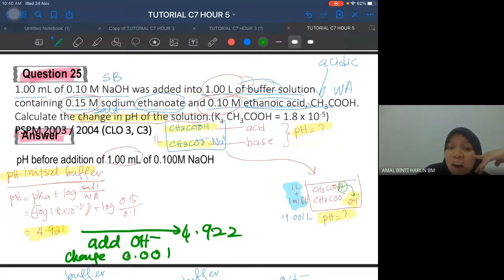Kat mana lagi? Dalam badan kita ada darah kan. So we need to maintain our pH of our blood. So nanti jadi doktor, you kena tengok lah pH darah patient tu berasid ke, to base to acidic. So darah pun adalah sistem buffer juga. So macam mana it works, that is your responsibility lah, you baca lah sendiri ya.